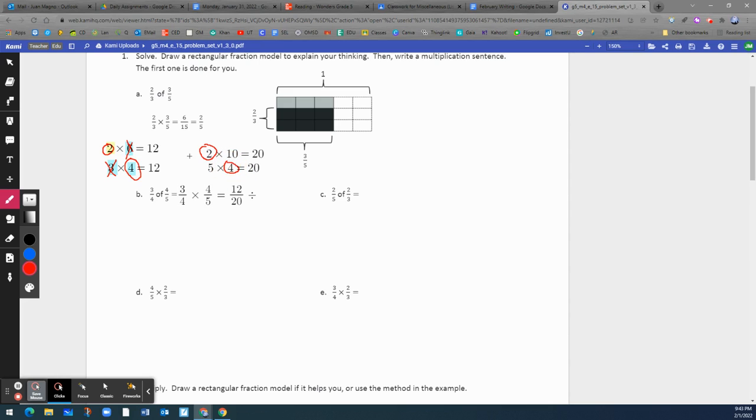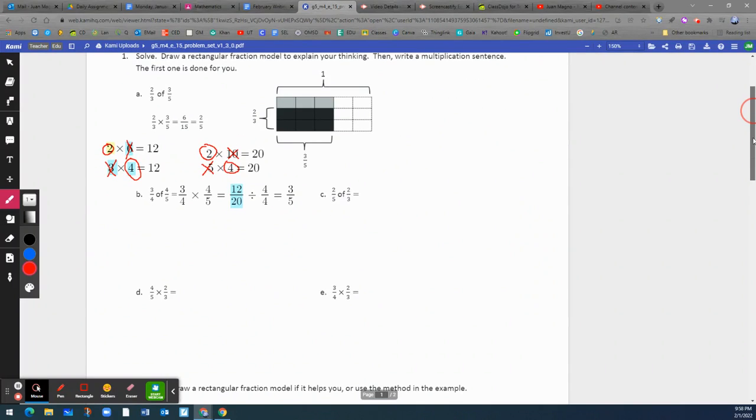However, they don't have in common the 10, and they don't have in common the 5. So that means those two numbers can be divided by 4 or by 2. The best way is to divide by 4, because that will simplify it faster. So 12 divided by 4 equals 3, and 20 divided by 4 equals 5. So this is the answer, and the equivalent fraction is 3/5.